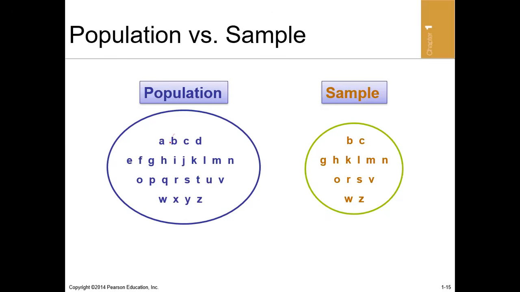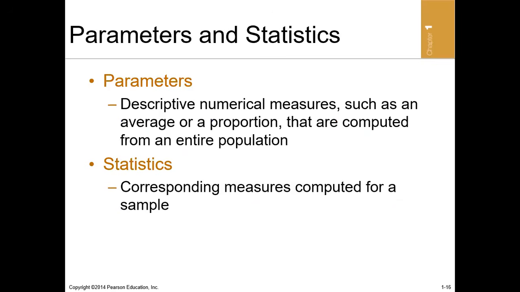All right. So basically, if this is our population, a sample is a subset of the population. So we can choose any subset of the population as a sample. Now, whenever we compute a measure for a population and we compute the corresponding measure for a sample, they should have different names.